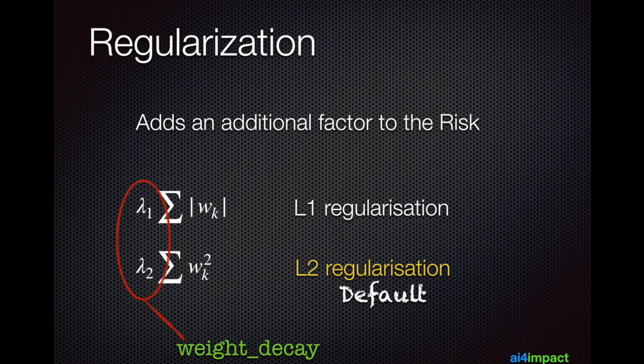The numbers lambda 1 and lambda 2 are called the weight decay, and they should typically range from 10 to the minus 6 to 10 to the minus 4. If your weight decay is too big, then this term will dominate the risk minimization process, and you will not get a good learning result. On the other hand, if the weight decay is too small, this term will not help.